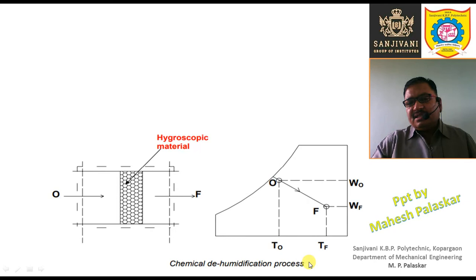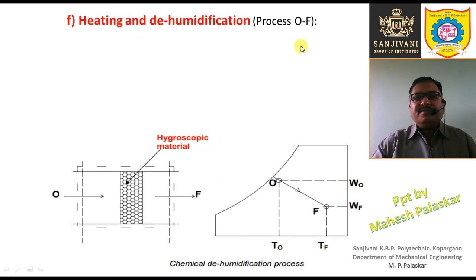This is the heating and dehumidification process, using some chemical, right? The chemical may be some hygroscopic material which will absorb the moisture from the air. So the heating and dehumidification process, O-F, is shown here on the psychrometric chart, and here the air is flowing through this duct.